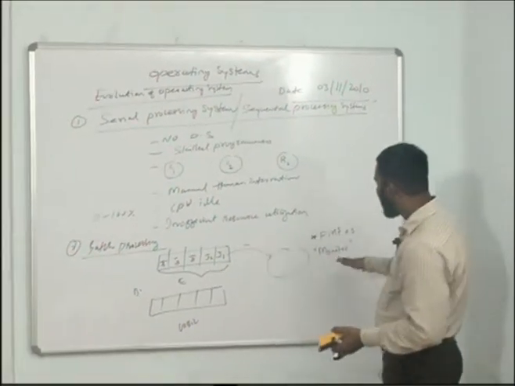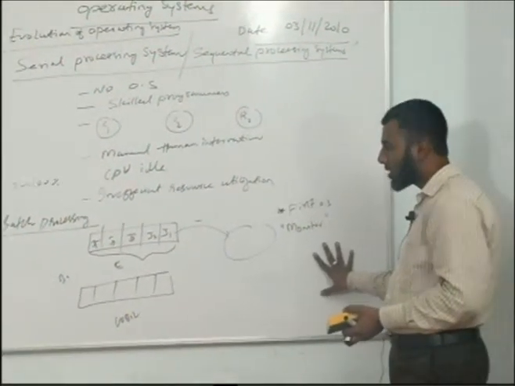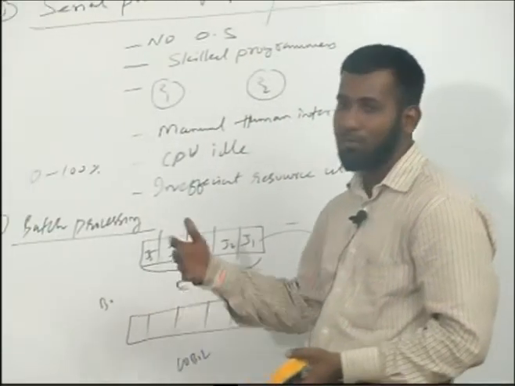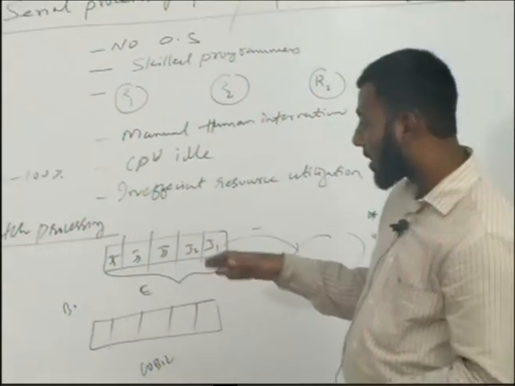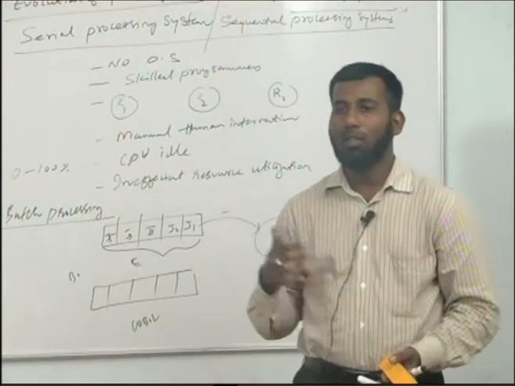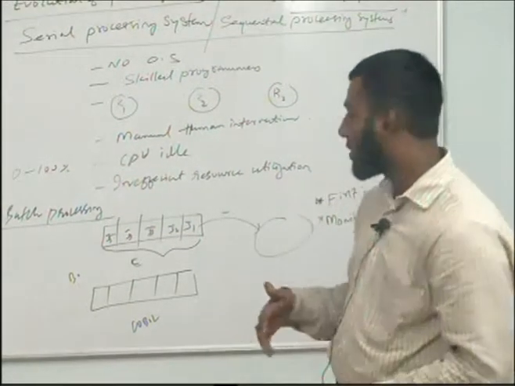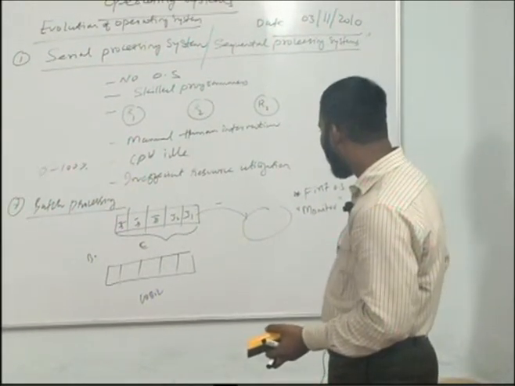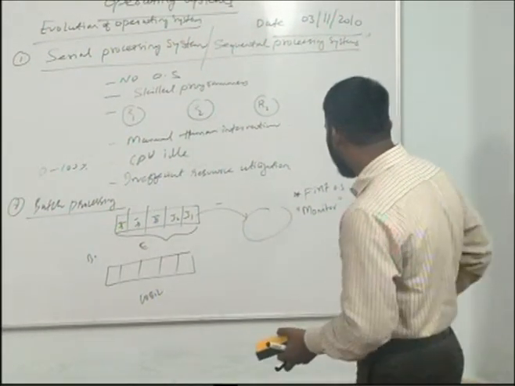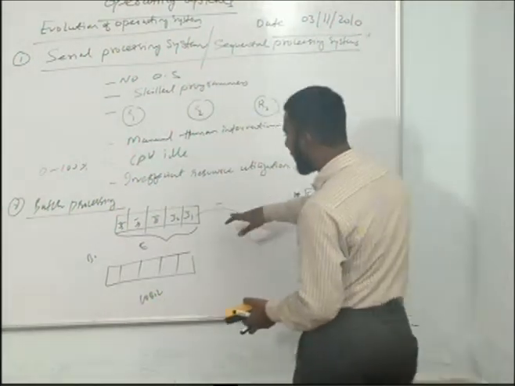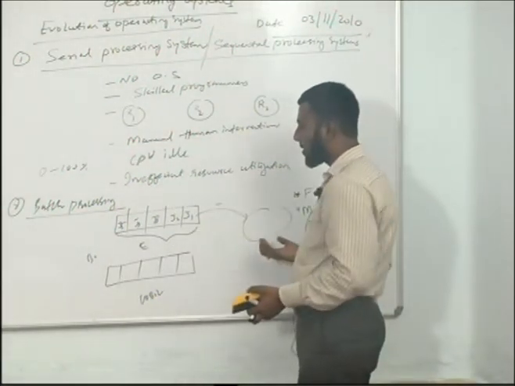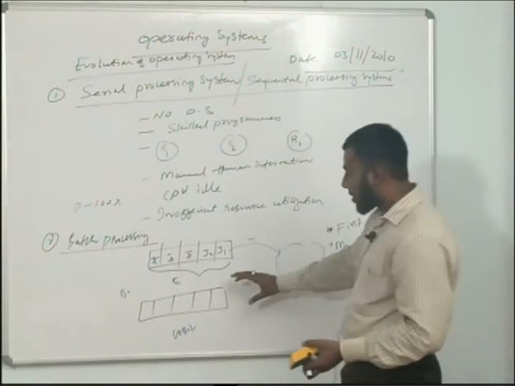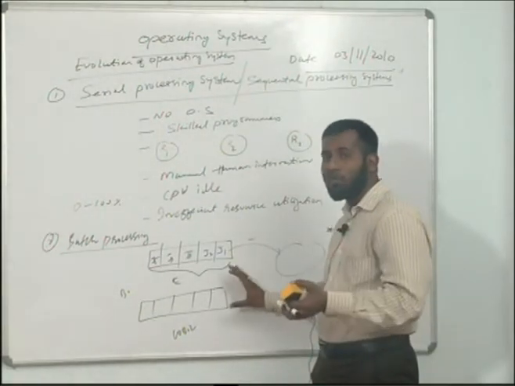So the main job of this resident monitor is to keep track of which job is ending and what is the starting address of another job. Okay. Now this makes all these things possible. But again there is a problem. What is the problem? Because of this monitor we could run multiple jobs, but we don't know where the other set of jobs are starting.